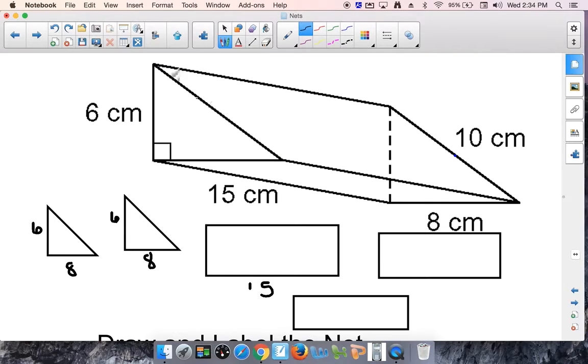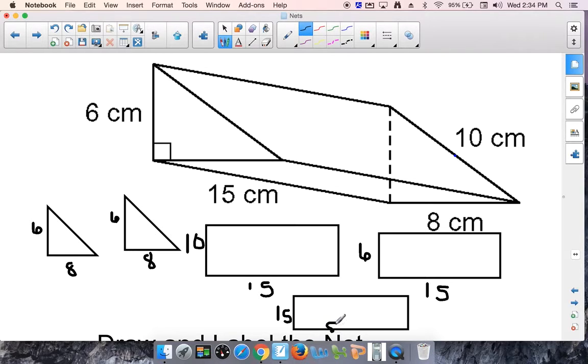And then its side right here is what this side is. So that would be a 10. The one on the bottom, well, let's do the one on the back. Right here would be a 6 by 15. And then the one on the bottom here would be a 15 by 8.